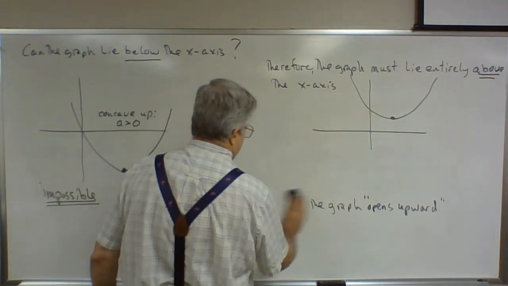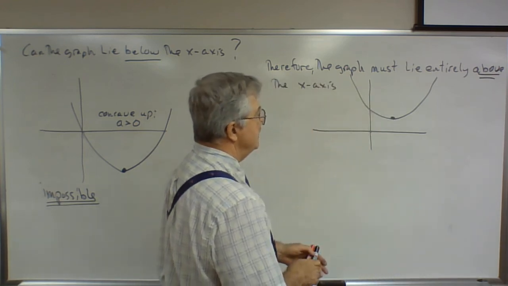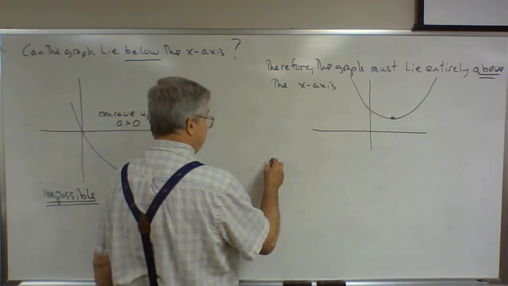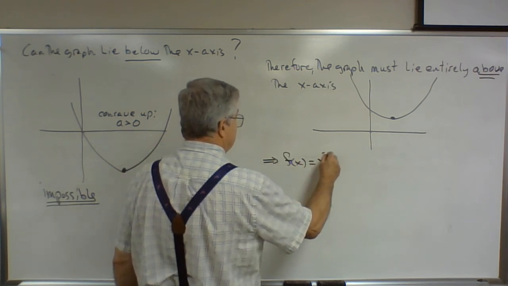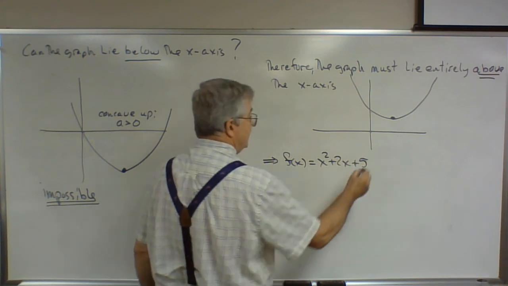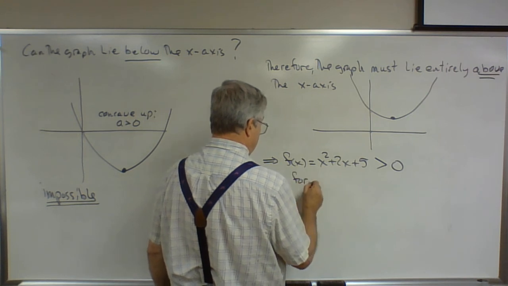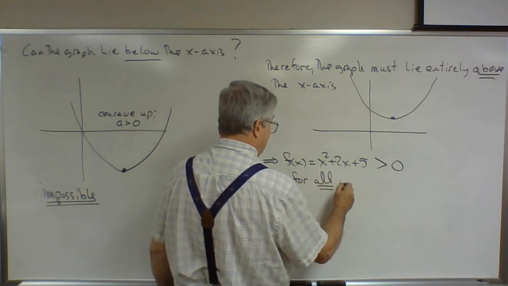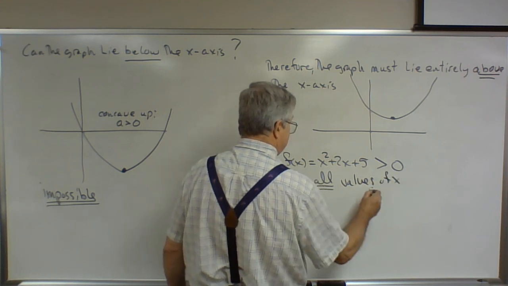So this is what happens. The graph lies entirely above the x-axis, and that means that f of x equals x squared plus 2x plus 5 is greater than 0 for all values of x.